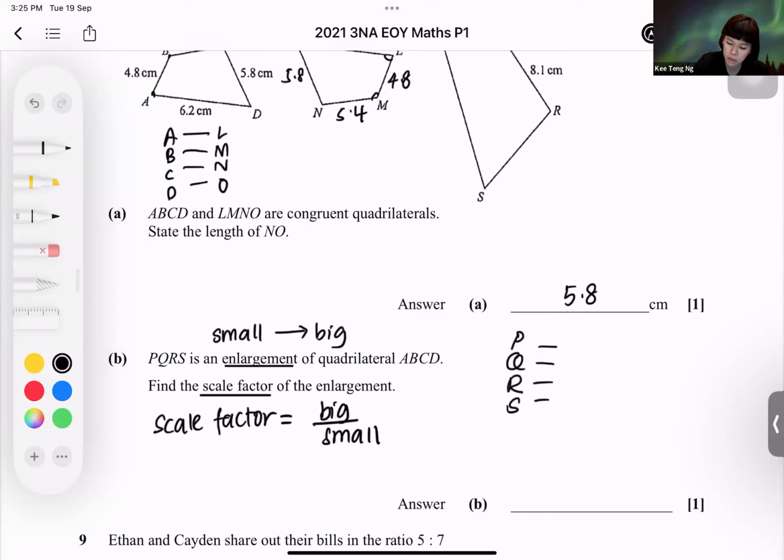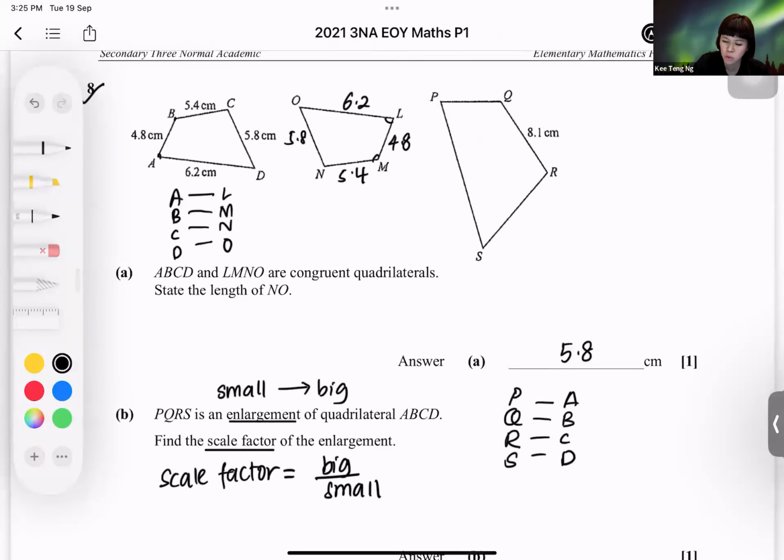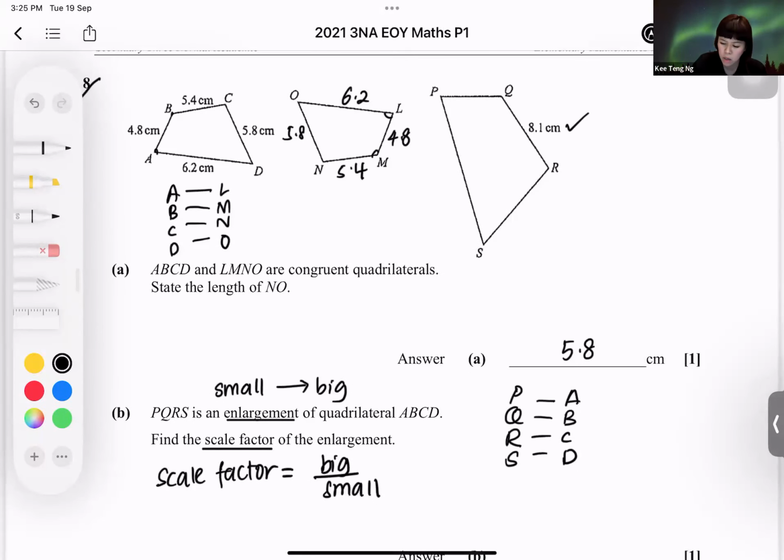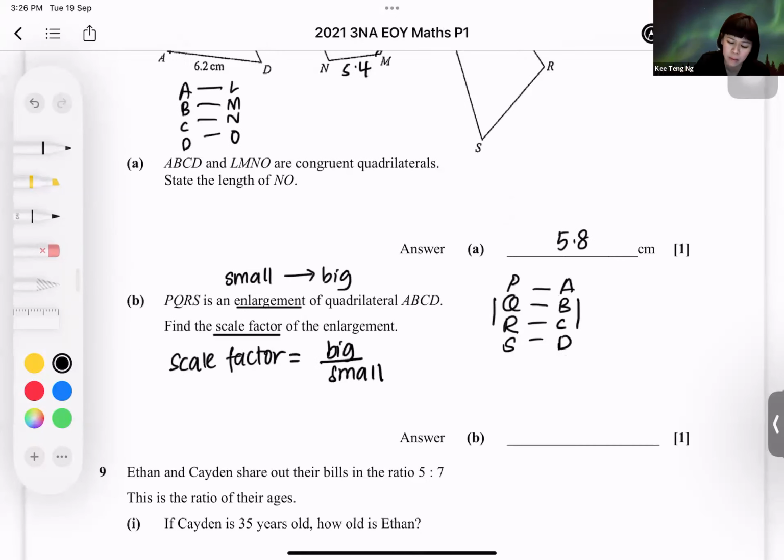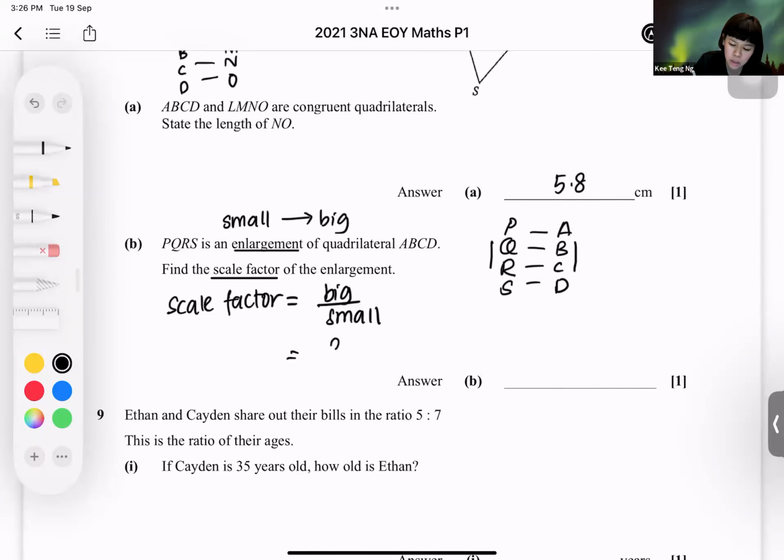They say PQRS is an enlargement of ABCD. PQRS match with ABCD. Let's see which one do we have. We have QR. QR is BC. So what's BC? BC is 5.4. So we take the ratio 8.1 and 5.4 cm. So 8.1 over 5.4.